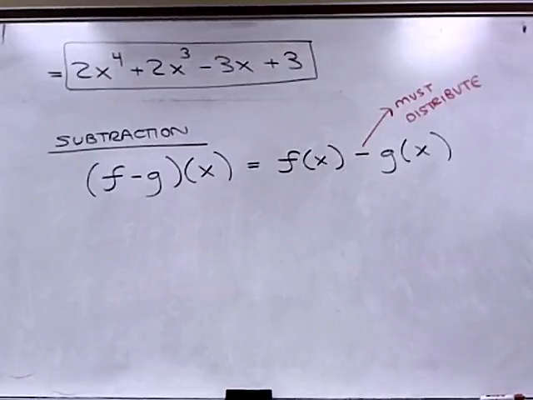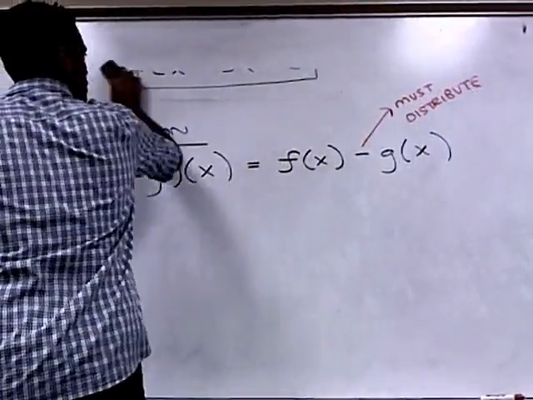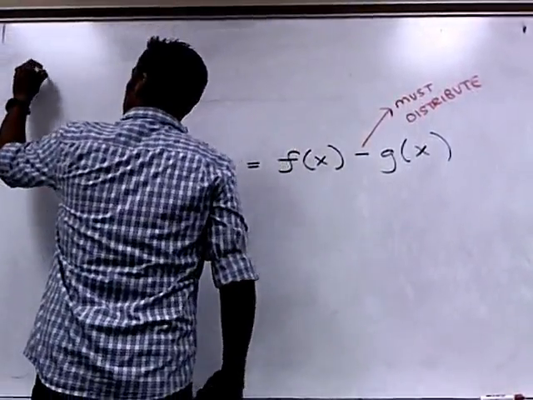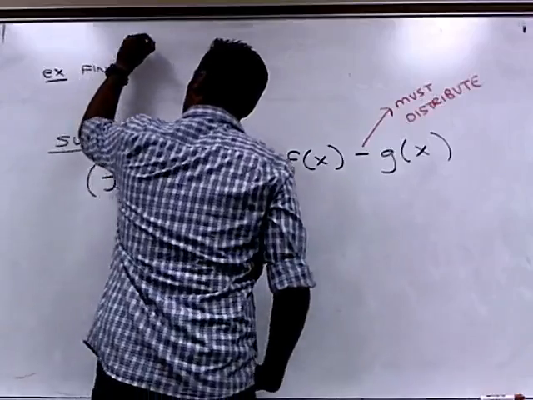So let's do the exact same problem, okay? The same two functions I gave you a second ago. Same two functions, I just don't want to have to write them down again. But I want you to find this.